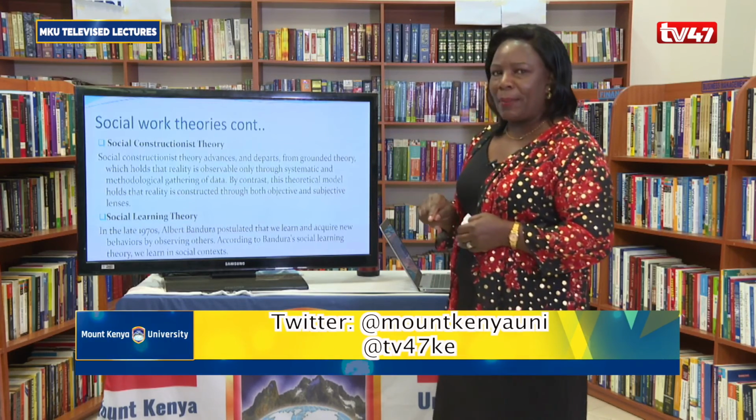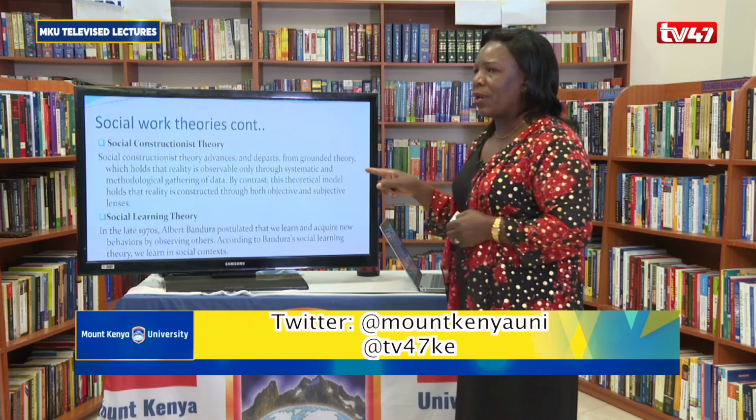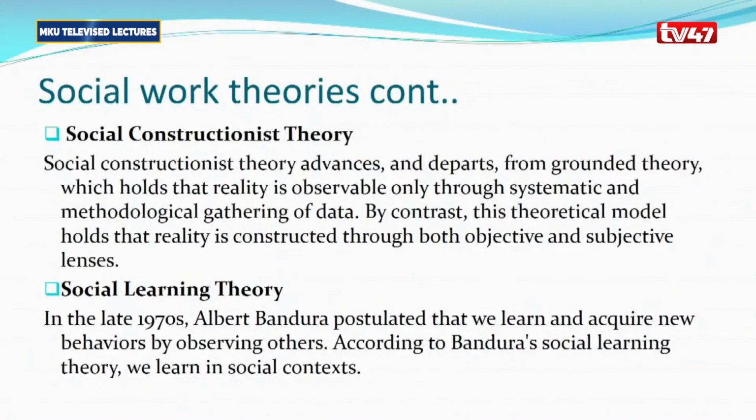And when we are talking about social constructionist theory, we are saying as a society, we are able to have our social constructs. We are able to come up with things that can pass the test of time. The food that we use, the clothing that each person wears, or the culture we wear, it's us who said, okay, you need to do it this way and not the other way.